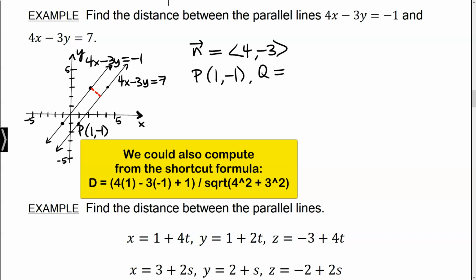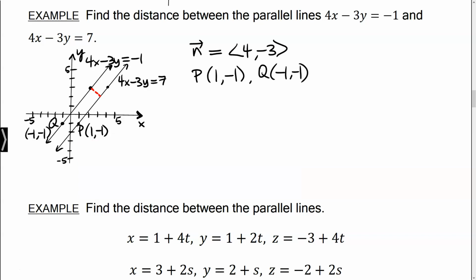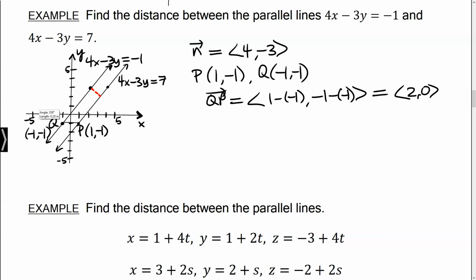So we just need to find some other point on the other line, Q. So let's take this point here, Q. We can take that to be (-1, -1), which means our vector QP is going to be equal to 1 subtract -1, -1 subtract -1, which is going to be (2, 0). And you can see that over here. If you just draw this vector from Q to P, you can see it's going 2 units to the right, and then no units up and down.